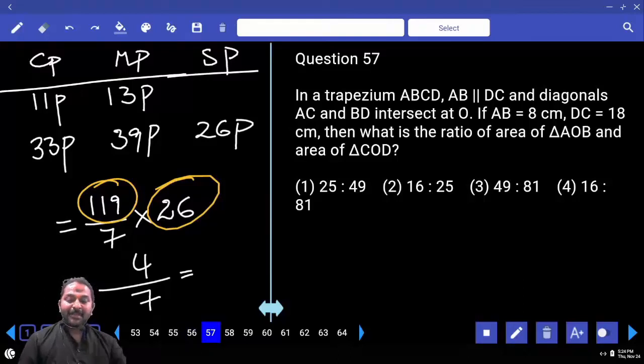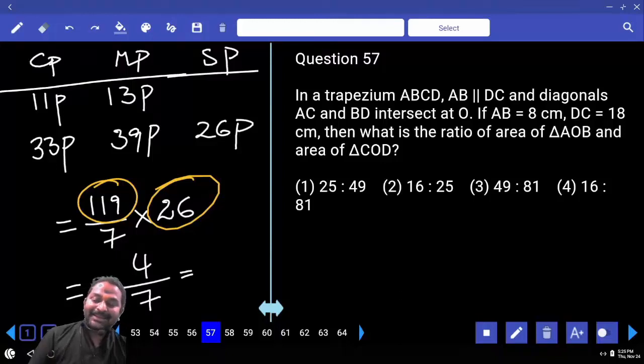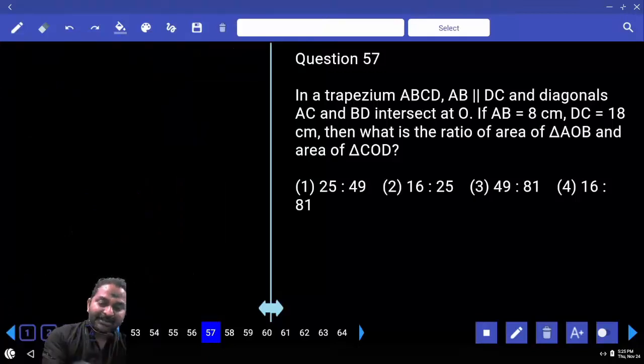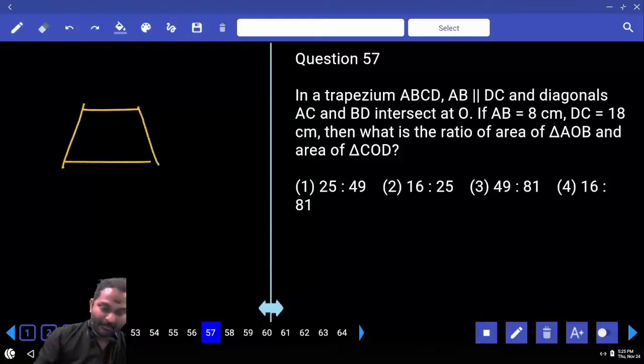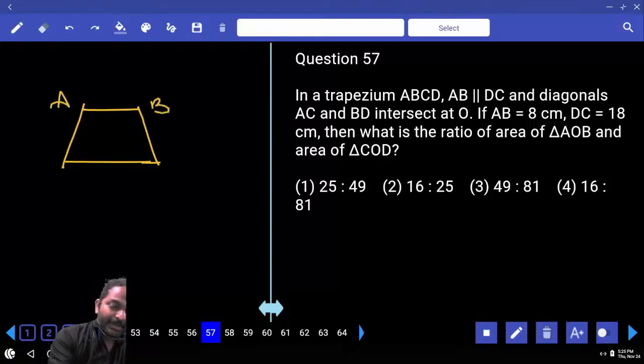56. In a trapezium ABCD, AB is parallel to DC and diagonals AC and BD intersect at O. If AB is 8, DC is 18, then the ratio of area of AOB and COD. Right, this is trapezium. Okay. A, B, C, D. AB is parallel to DC.